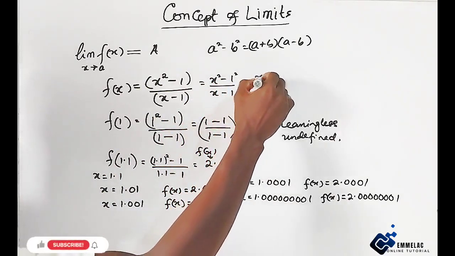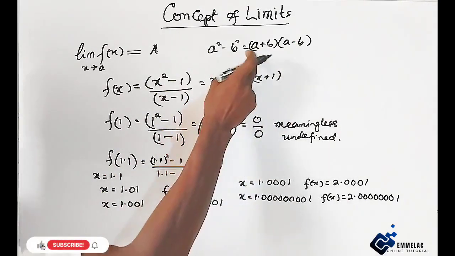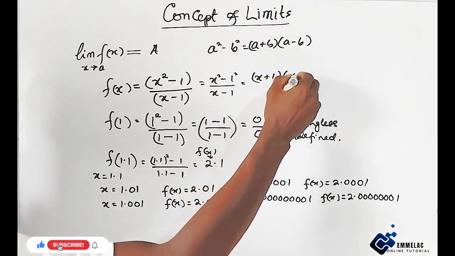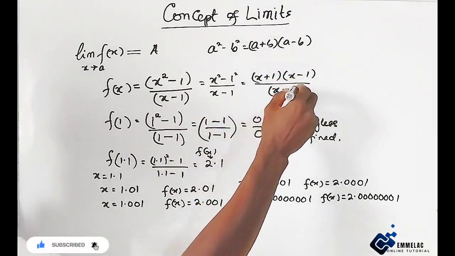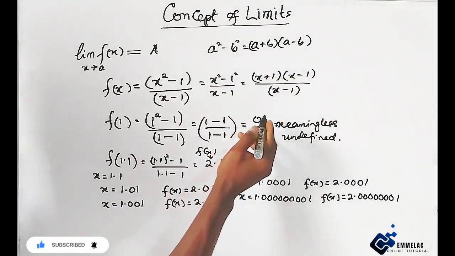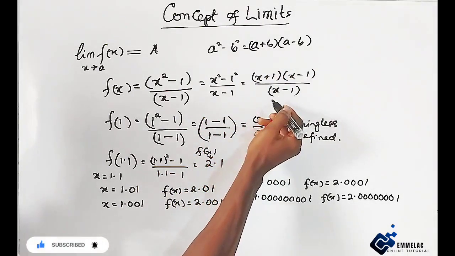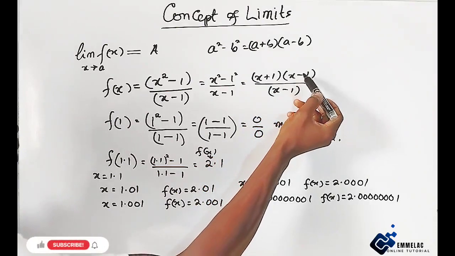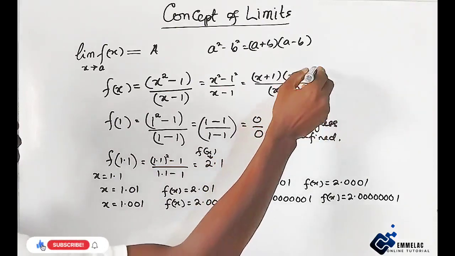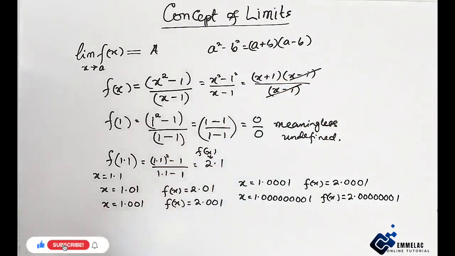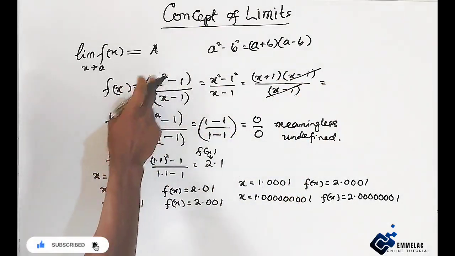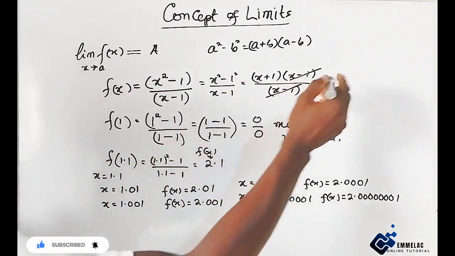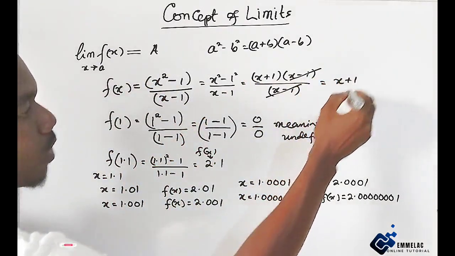Then here you have x plus 1, according to this rule, times x minus 1 over x minus 1. Okay? Now arriving at this point, you can see we have a factor that is similar in the numerator and the denominator. We can now eliminate it. We can see that we've now simplified this function to the lowest term.